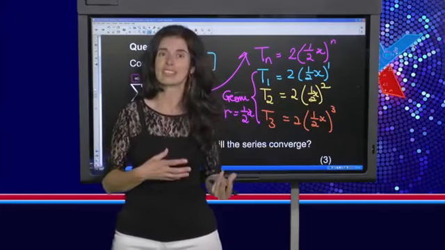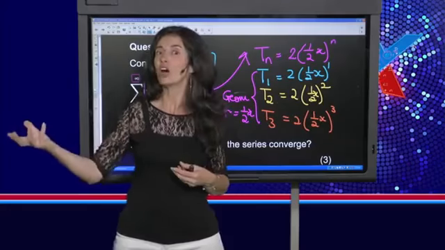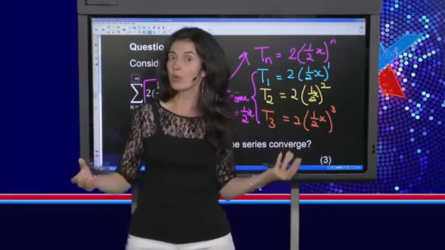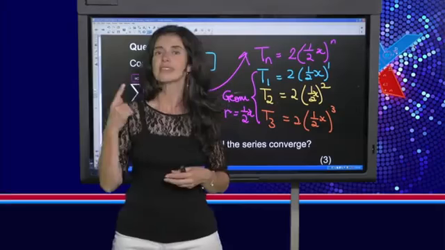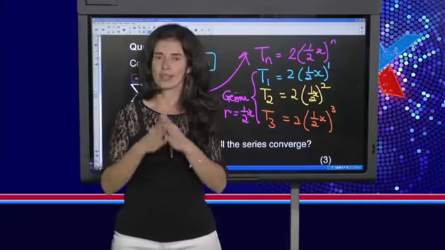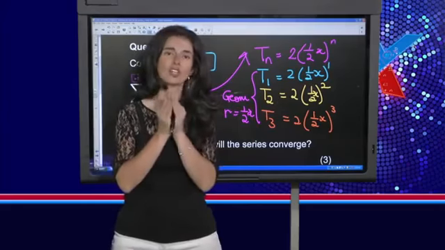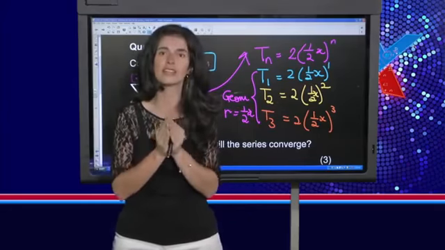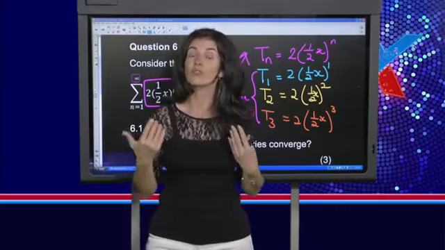I'm getting a smaller sum. So sums can get larger, sums can get smaller. But sums can also converge. That means it's tending towards a number. And that special kind of sum only exists when our series converges.